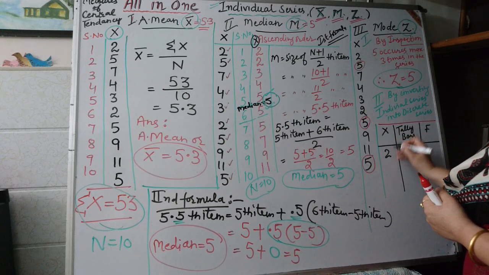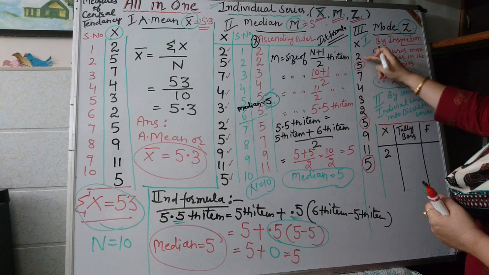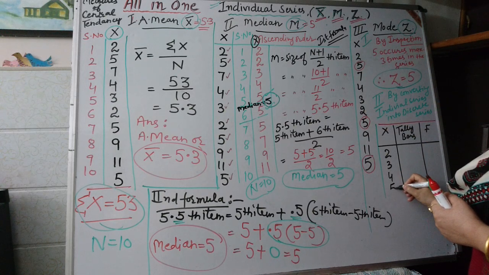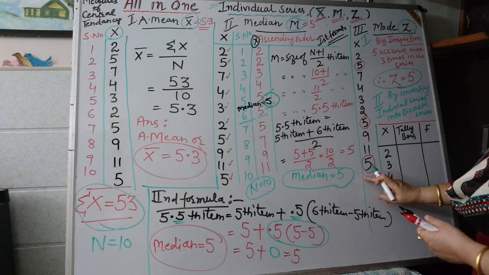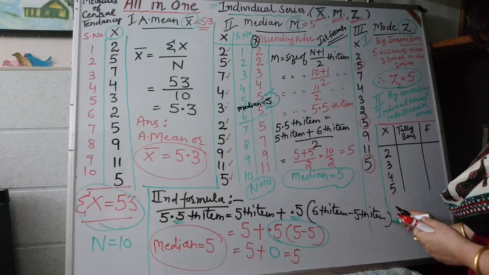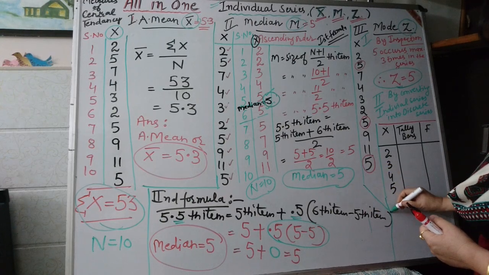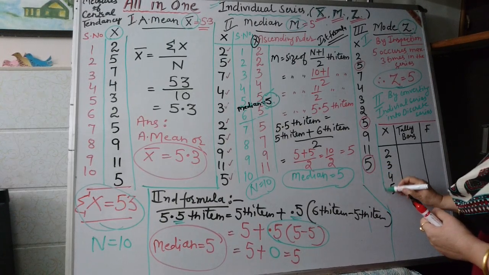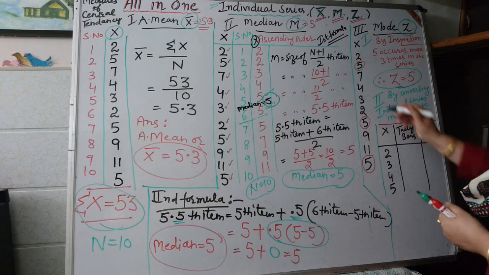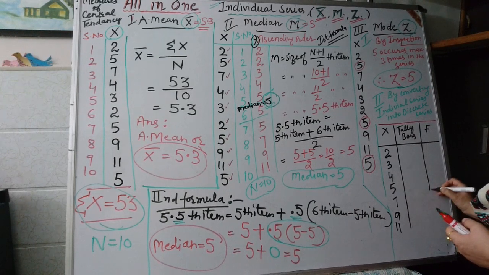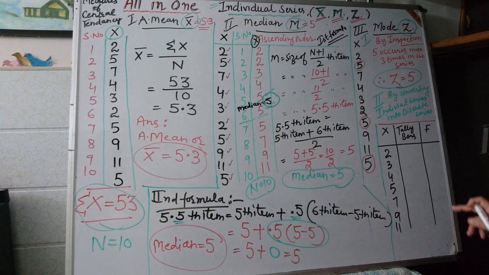So I have written how many values are there: 2, 3, 4, 5. 6 is not given. Then 7, 9 and 11 are given. So here we will prepare tally bars.